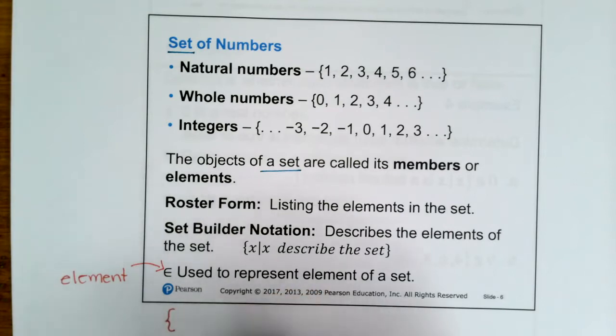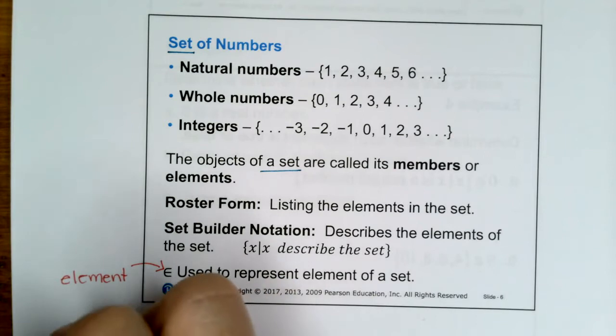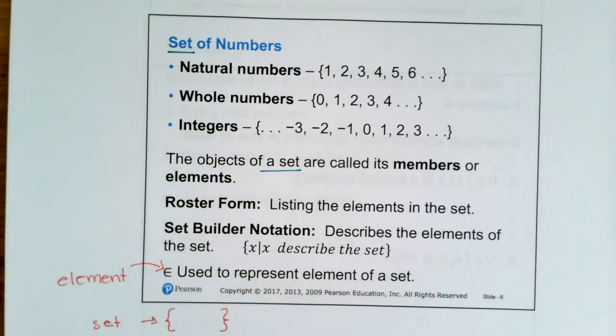And this symbol means set. Okay. So we are just talking about all the numbers of a set. A set is a group of numbers, all the numbers in a group. That's the word I was looking for.